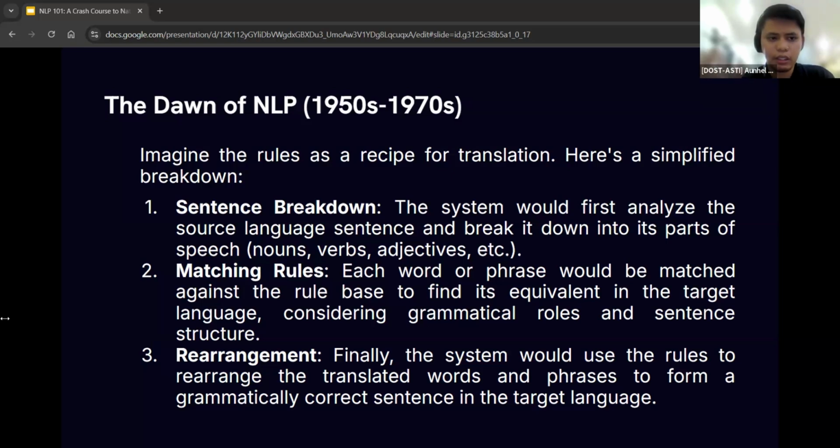So basically, we extract all the parts of speech, and then each word or phrase would be matched to an existing rule crafted by the linguists. And then the last would be rearrangement. The system would use the rules to rearrange the translated words and phrases to form a grammatically correct sentence. So, in the dawn of NLP, I think machine translation was the first task, or basically translation of languages was the first task, or the driving force for NLP.